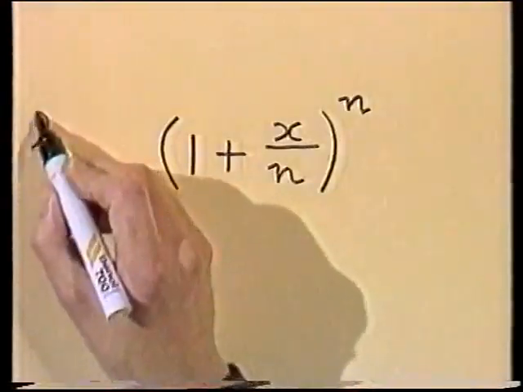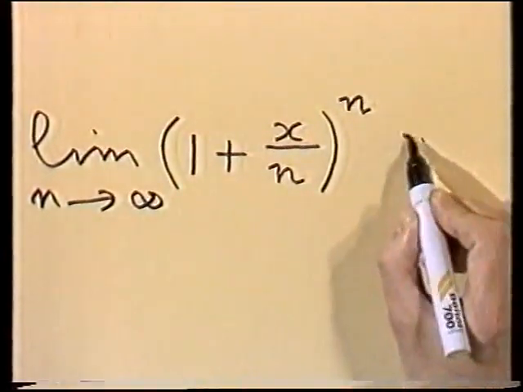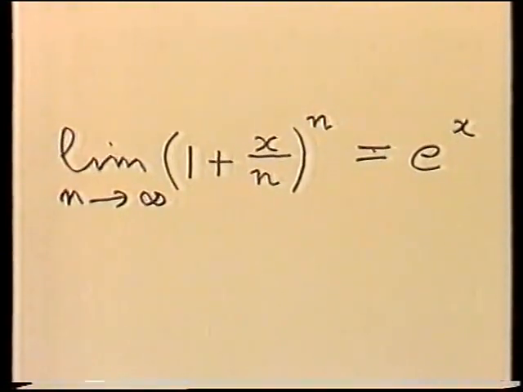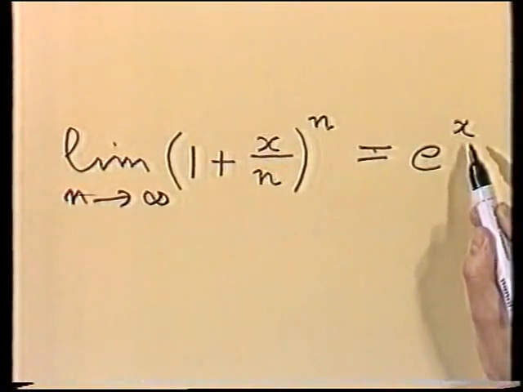Well, actually, it's not too hard to prove that the limit of this, as n tends to infinity, is equal to e to the x whenever x is a rational number. But if x is irrational, for example, root 2 or pi, we have a problem. Because so far in this course, we haven't said what is meant by taking an irrational power.